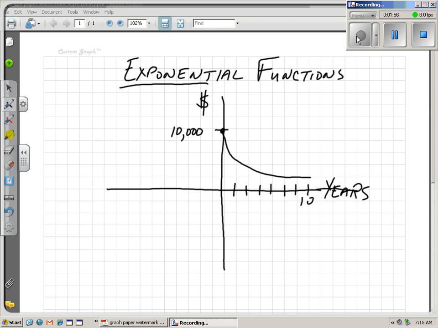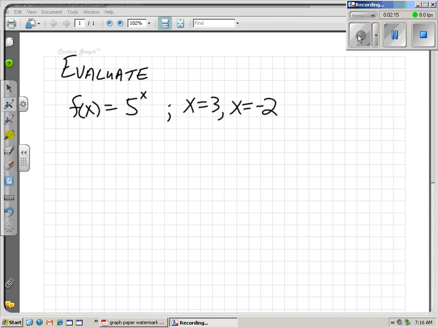And then as time goes by, it becomes worth less and less. It's hardly ever worth 0, but it gets worth less and less as time goes by. That's called exponential decay. The other one was exponential growth, when your bank account became worth more and more and more. Exponential decay decreases and becomes worth less and less and less.